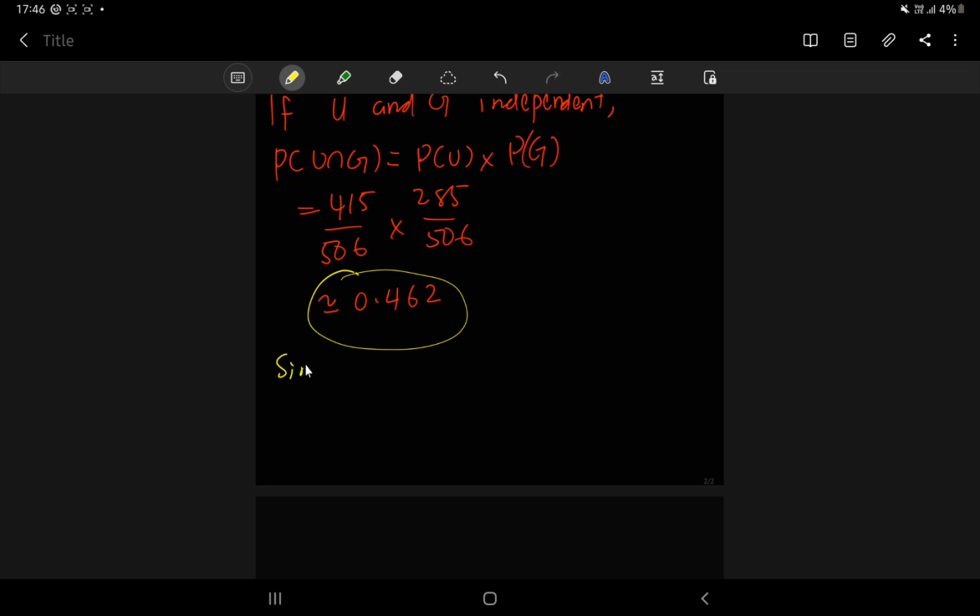Since P(U∩G) is inconsistent, hence it is dependent event. Not it is, sorry, they are dependent events.